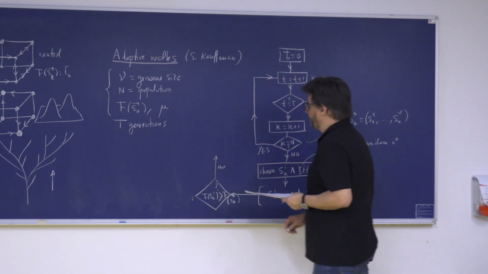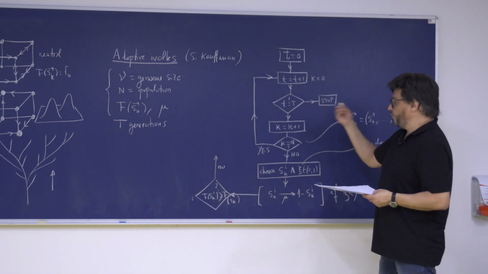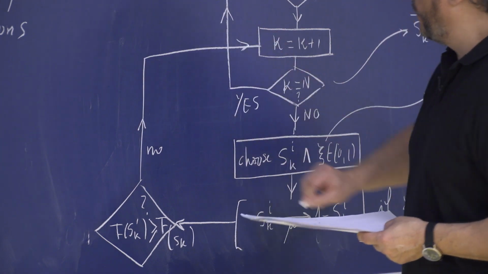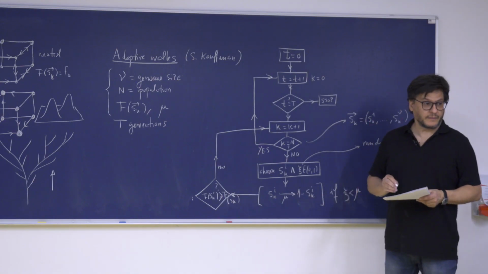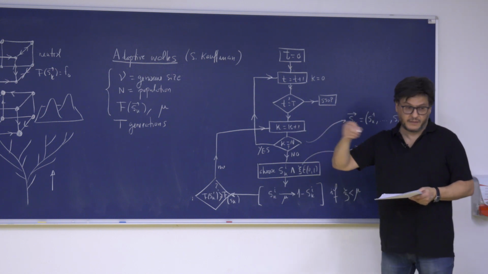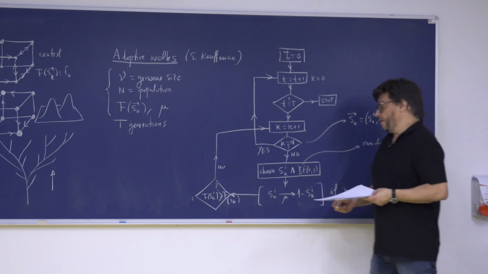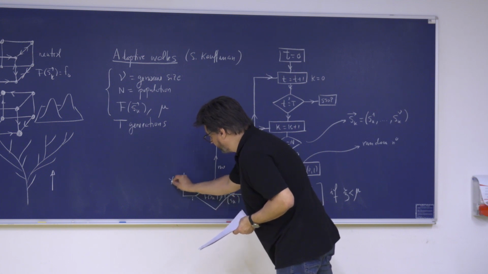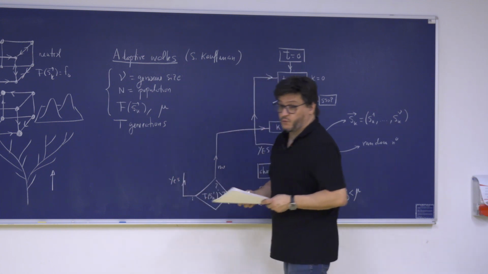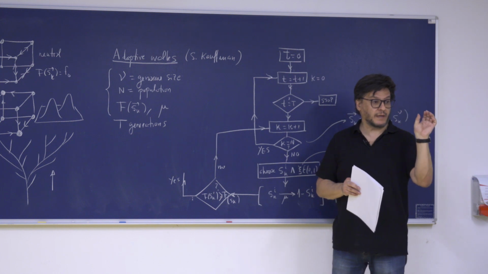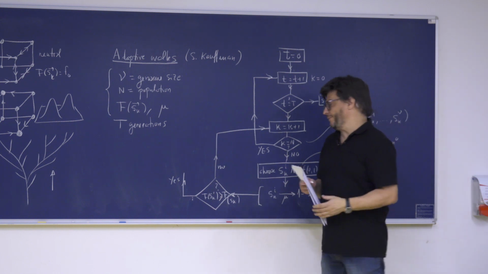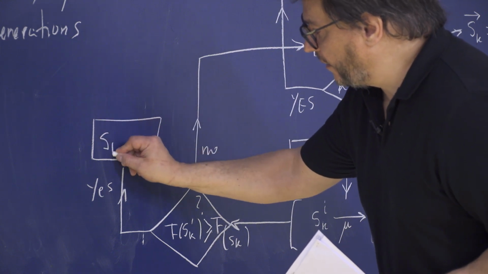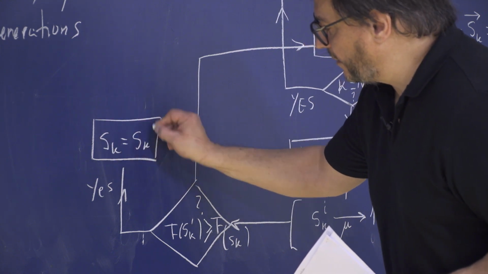If no, I just go to the next K. I don't do anything. I just go to the next agent and try again. If yes, what I do is replace the string that I had at the beginning by the mutant, so S_K is my S_K prime.